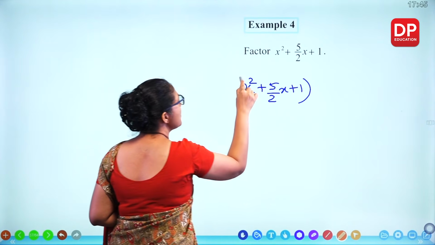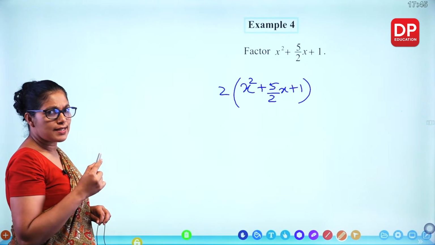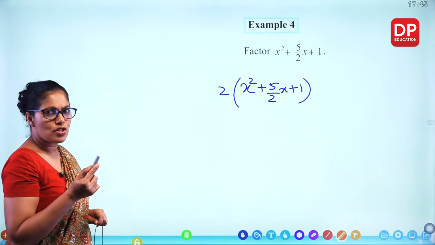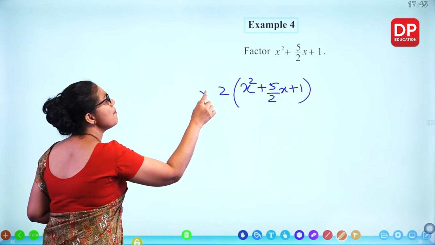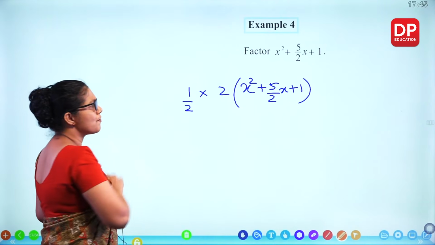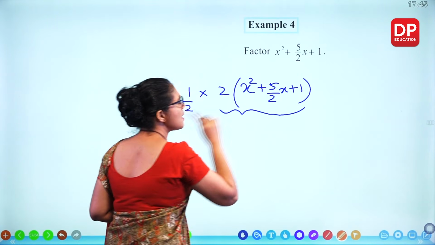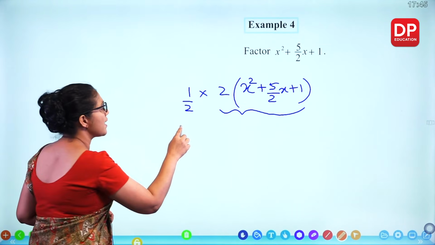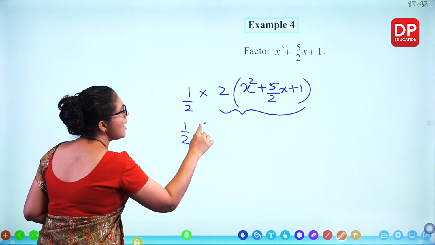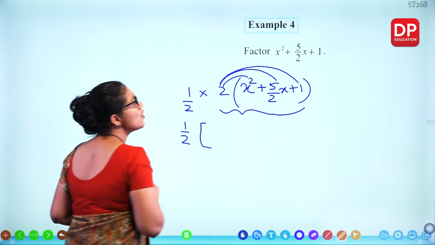But we need to get rid of that as well, because in the question 2 is not there. How can we get rid of that? We multiply by half. So what I can do is this one separately and get rid of this fraction. So I can write half there and then multiply this whole expression by 2.